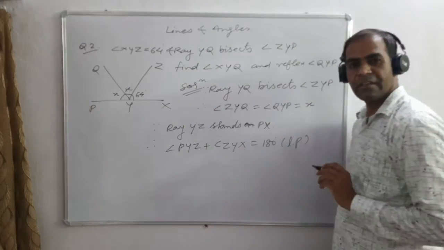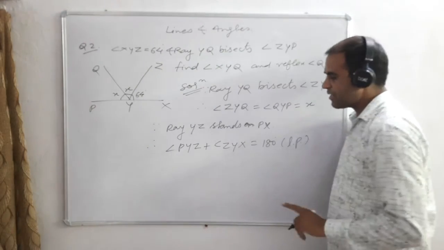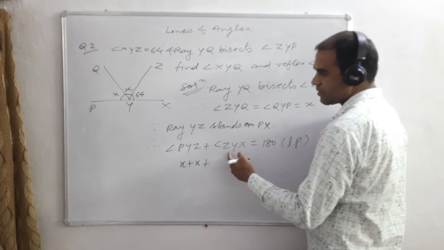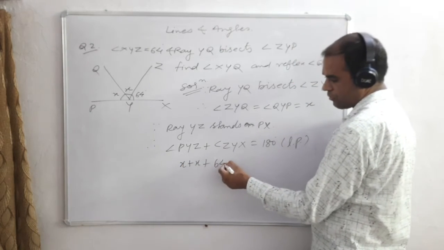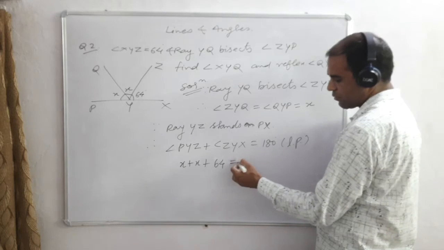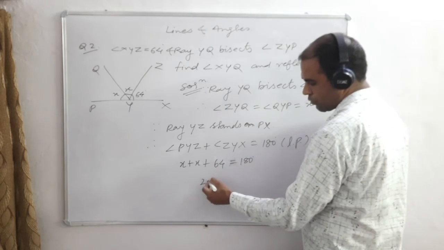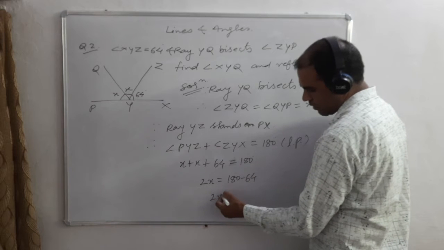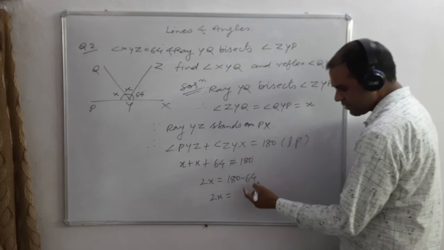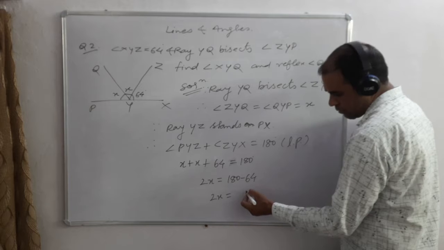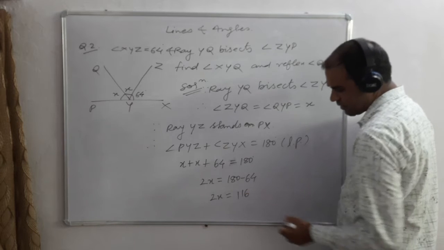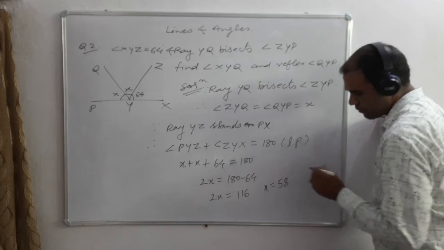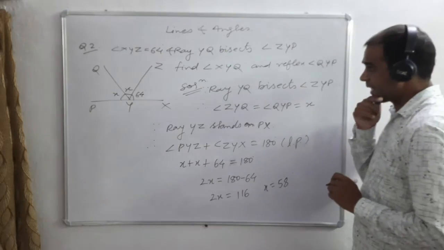Its reason is linear pair, and PYZ is x plus x, and ZYX is 64, equal to 180. 2x equals 180 minus 64, and 2x equals 116, and x equals 58. The value of x is 58.